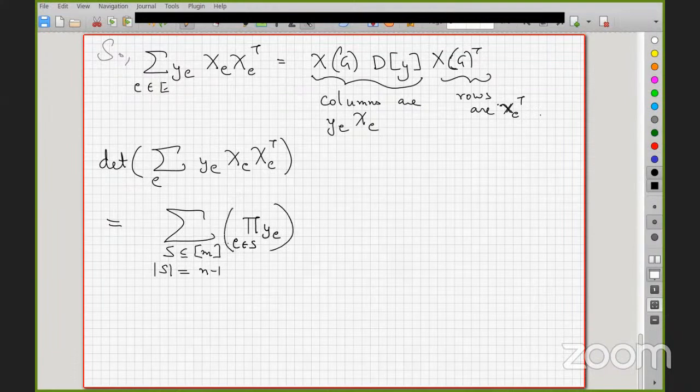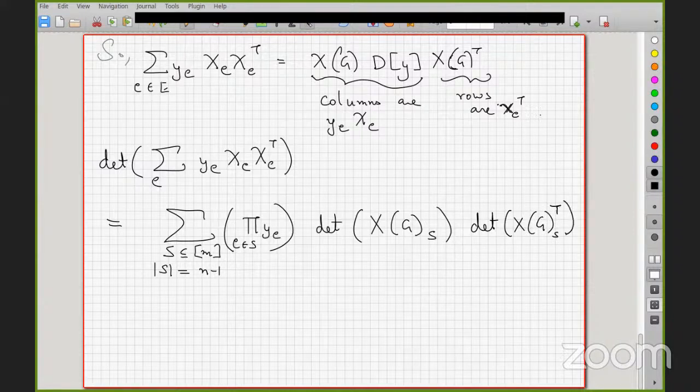So this part is just there. And then I have the determinant of X_G,S, where you just take the columns corresponding to S. And the other thing is the same thing actually, because it's just a transpose and now you're taking rows. So it's the determinant of the matrix X_G,S, exactly the transpose of that.